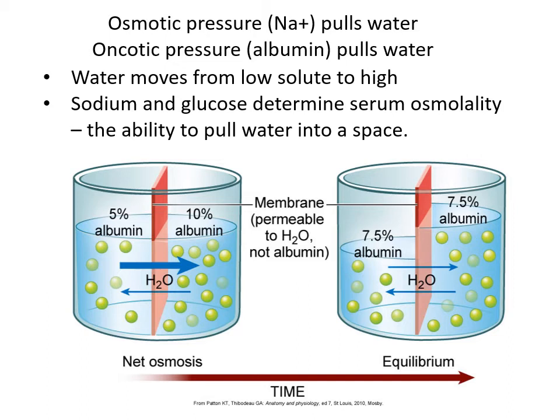One part of the cylinder has filled with more water in order to make the albumin the same concentration on each side. And that's what capillaries do with albumin. The capillaries don't allow albumin to leave the blood vessels. So what happens is the water wants to go back into the blood vessel because of the oncotic pressure.